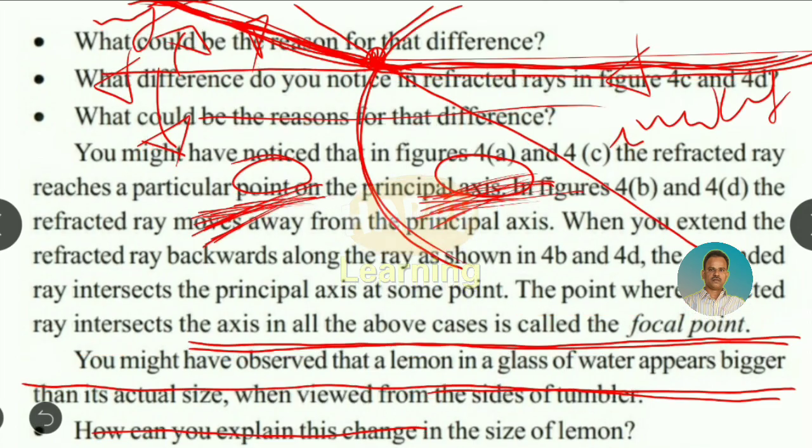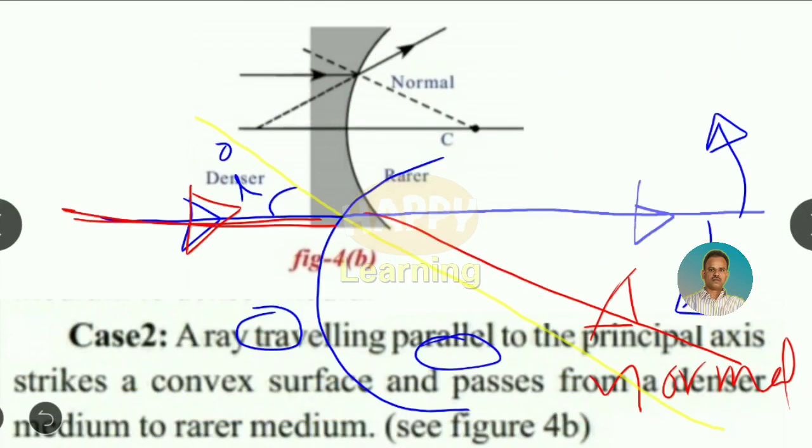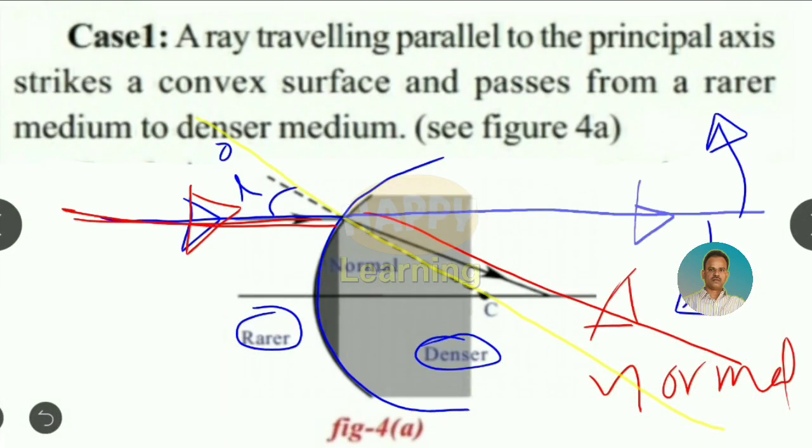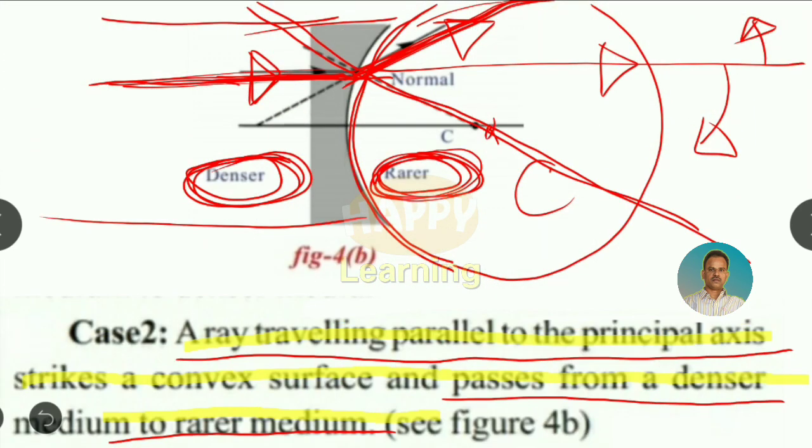So, let me explain. In case 1, this is the incident ray and finally it went along this direction. So this point where it touches the principal axis is called focus F. Next, here in case 2, this is the incident ray and it moves in this direction.